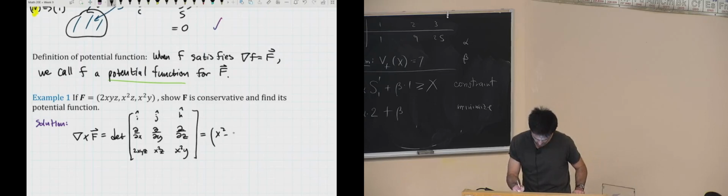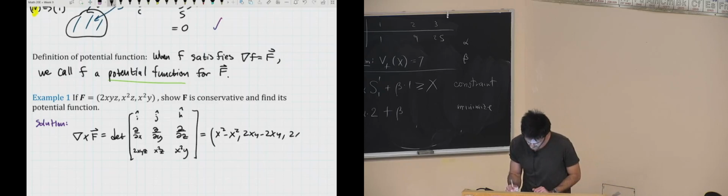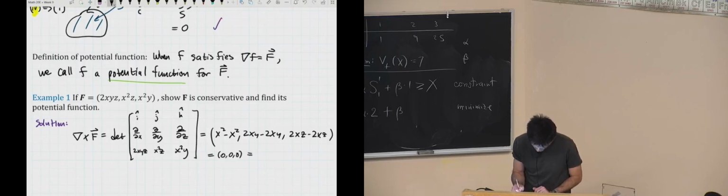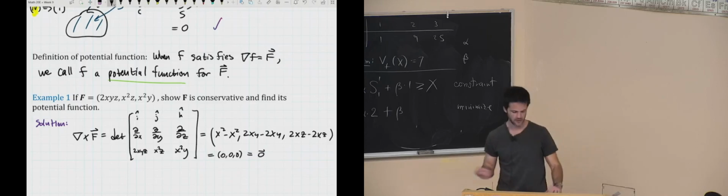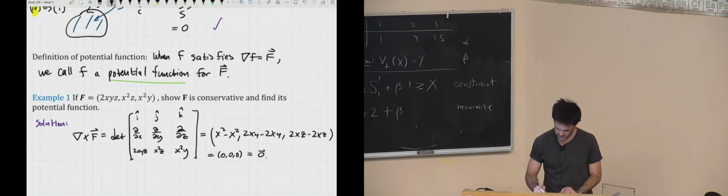It's like x squared minus x squared, 2xy minus 2xy, and 2xz minus 2xz. So it's just 0. Or what we also usually abbreviate as vector 0. Cool, okay.